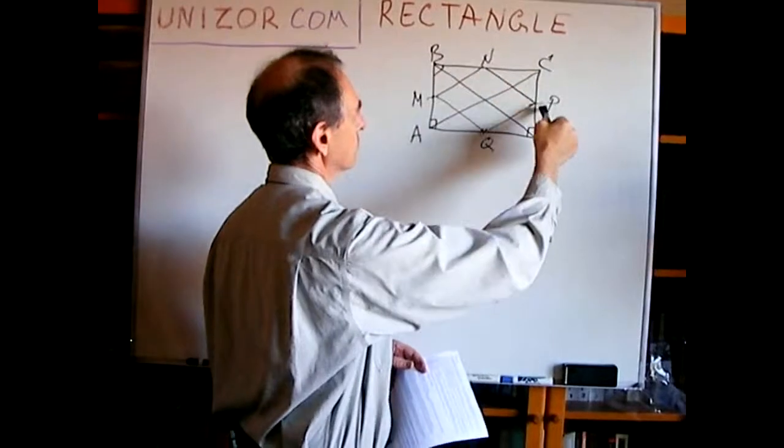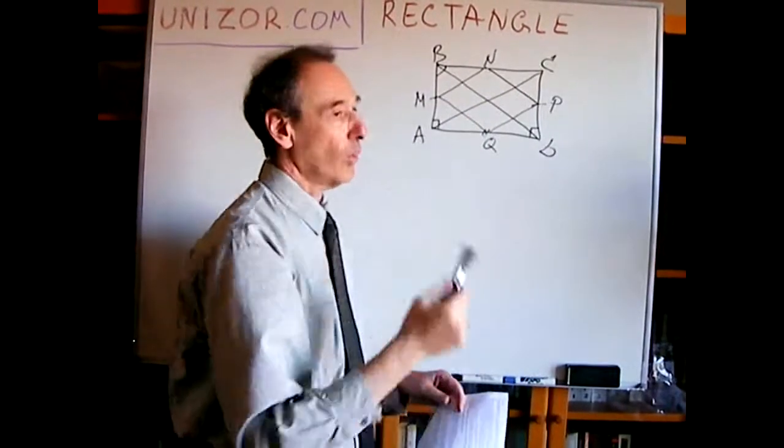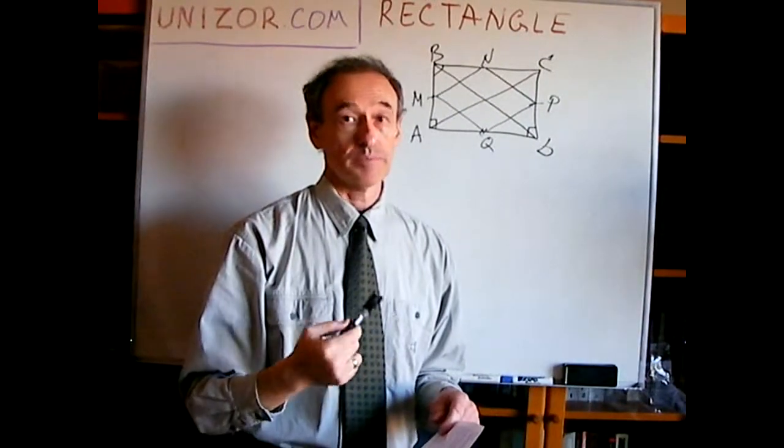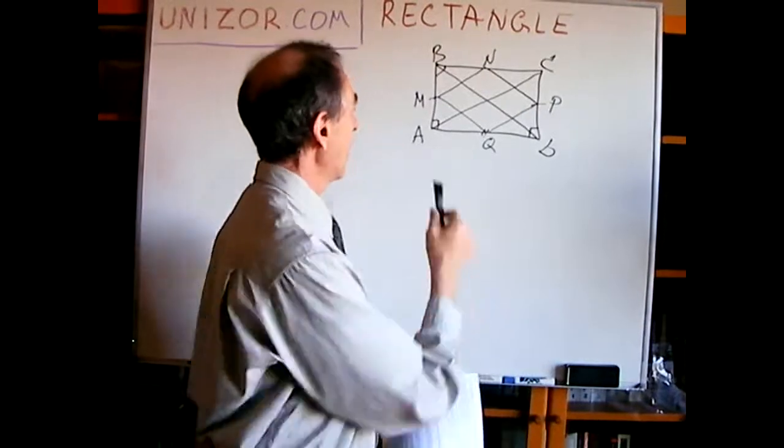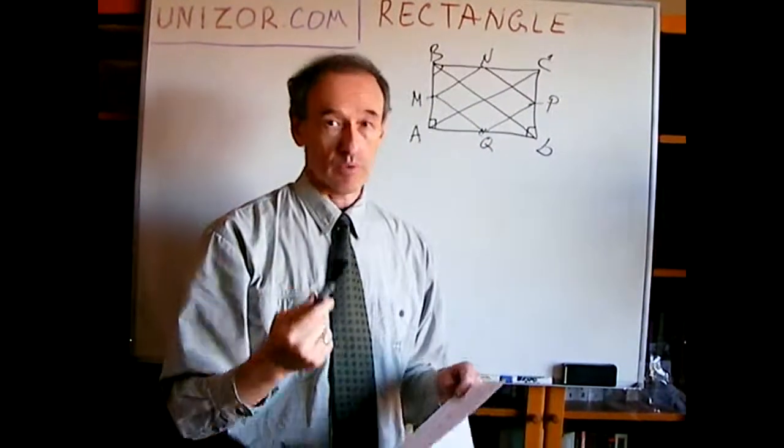So MN, NP, PQ, and MQ are all congruent segments, which makes MNPQ a rhombus.